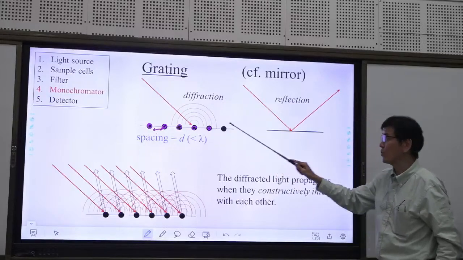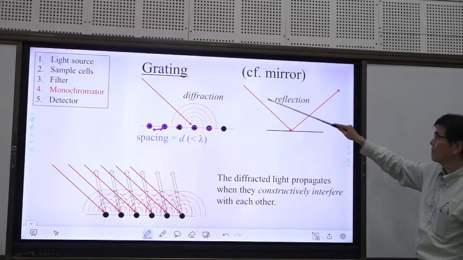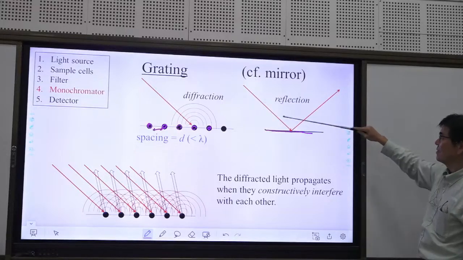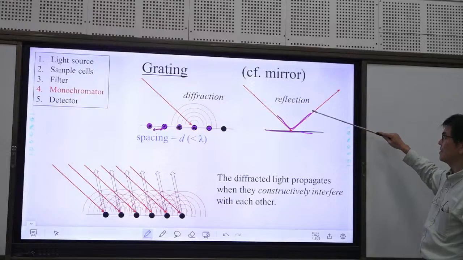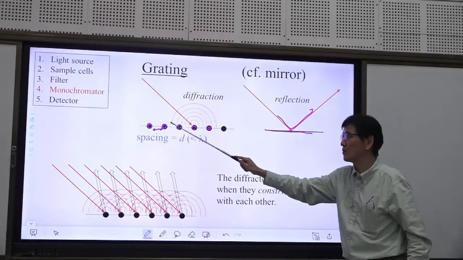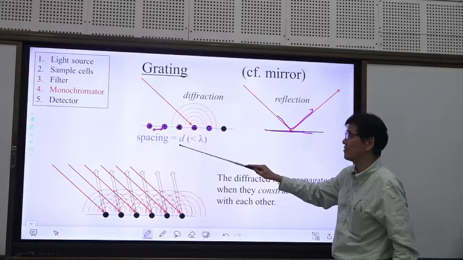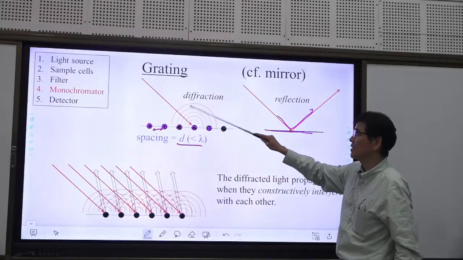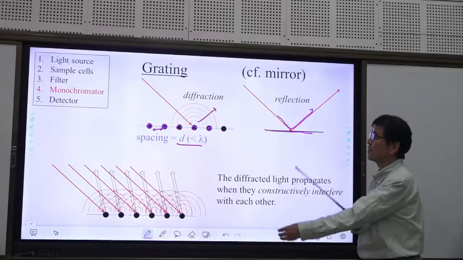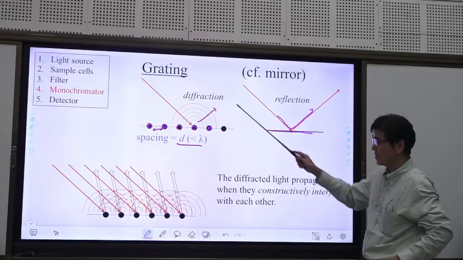This is in contrast to the mirror. If this is a flat surface, reflection occurs. But if there is a very small pattern, with spacing less than the wavelength, diffraction occurs. It does not necessarily get reflected.